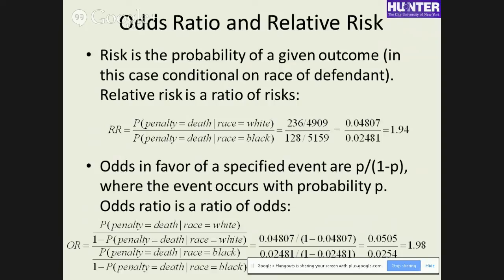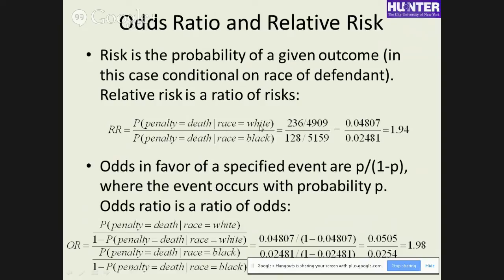In this case, the risk would be the probability of receiving the death penalty. So you've been convicted of first-degree murder. What is the probability that you will receive the death penalty? That's the risk.